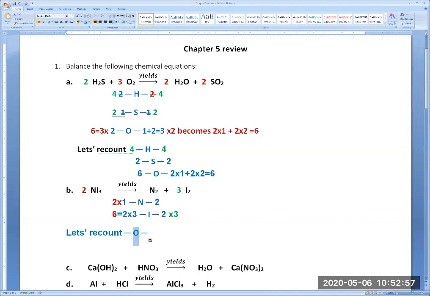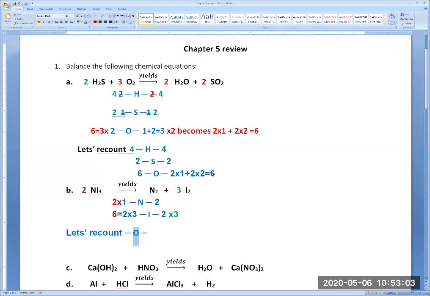Let's recount the nitrogen. So on the left side we have 2 times 1 nitrogen per NI3. So that's going to be 2 nitrogen on the left. On the right, we still have 2.